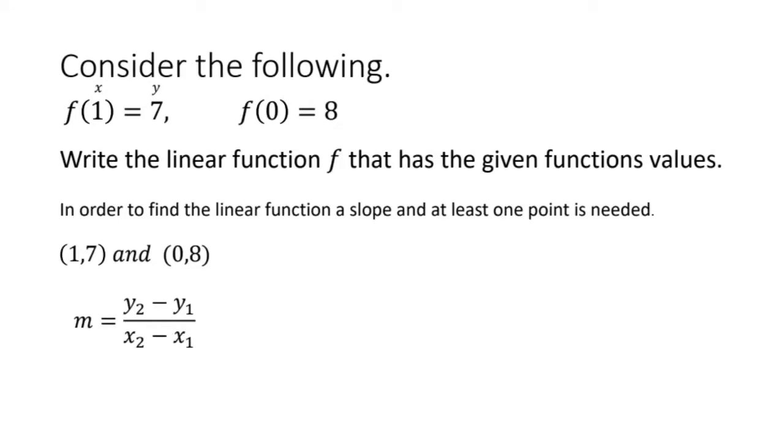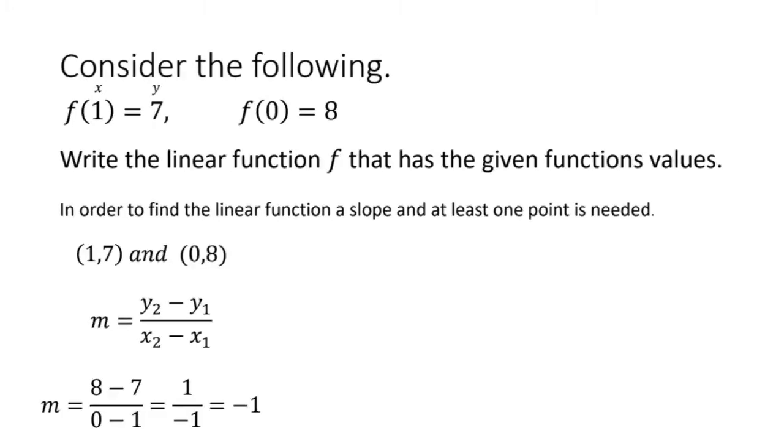So in my case, just because this one is first, I'm going to pick this one as point 1. (1, 7) is my point 1, and (0, 8) is my point 2. So substituting that, I have 8 minus 7 divided by 0 minus 1. So 8 minus 7 is 1. 0 minus 1 is negative 1. A positive divided by a negative is going to give me negative 1. Okay, so that is my slope.